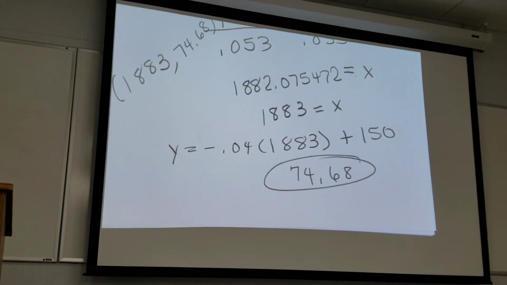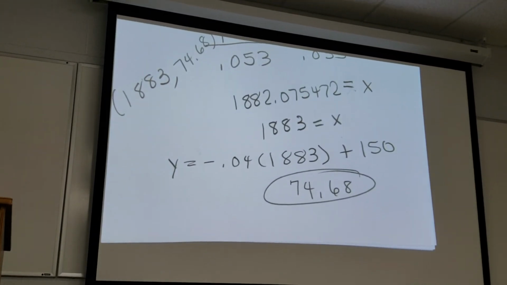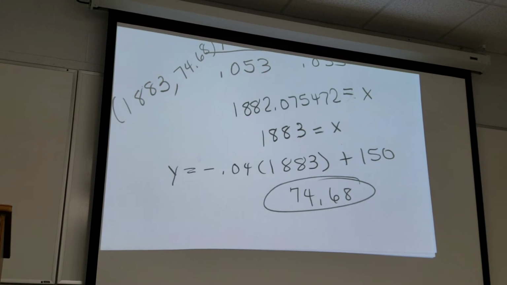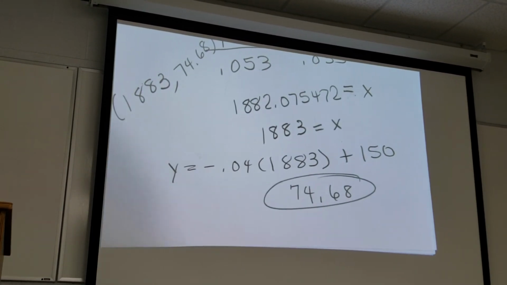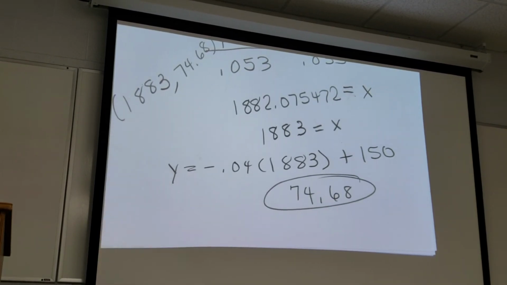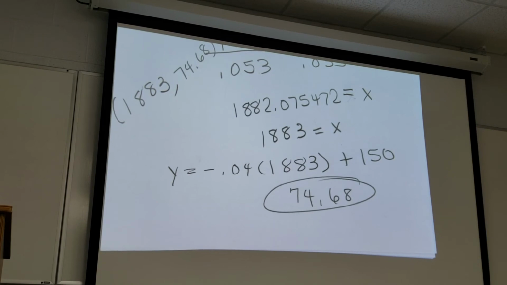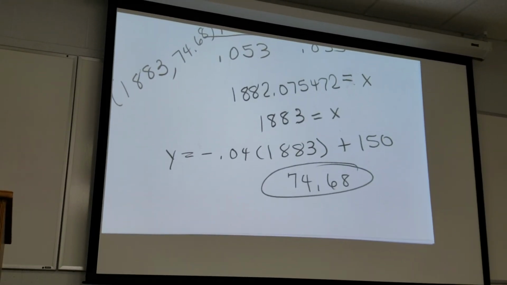You can also, since I didn't put which, you can also do this. You just have to make sure. How'd she get what? Okay, so you multiplied the 0.04 times the 1883?